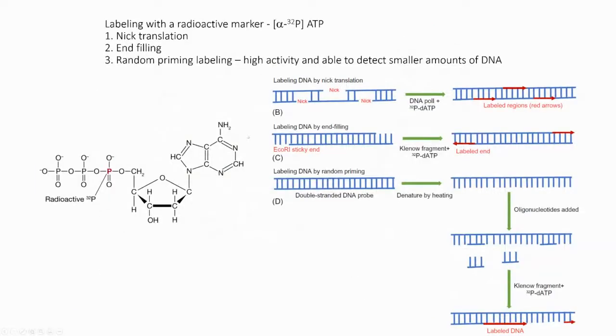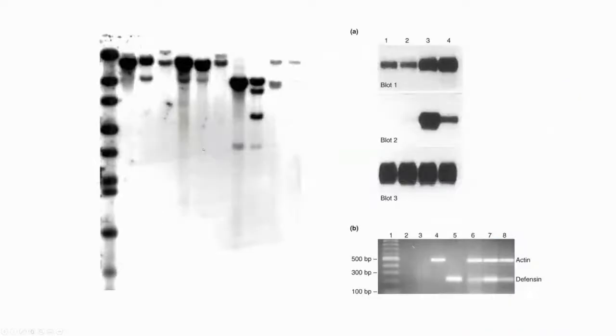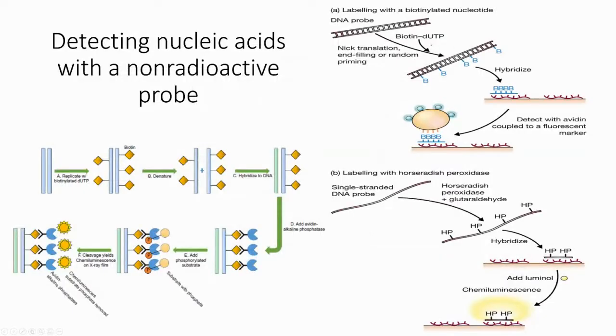Here you use the alpha P32 dATP, but here you use a biotin-attached dUTP.